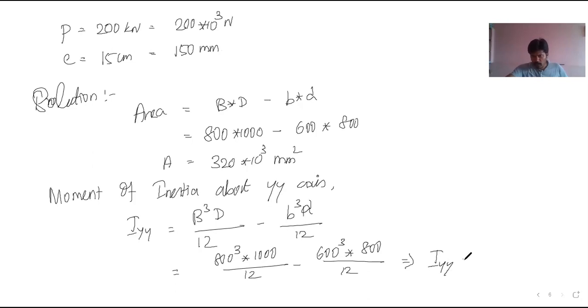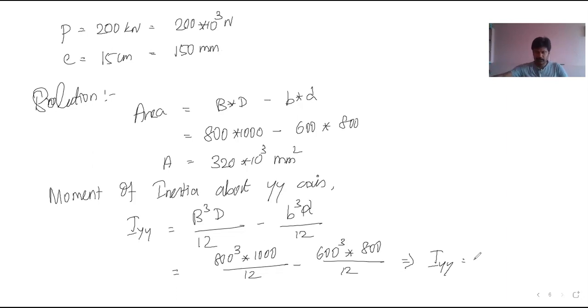Therefore, Iyy becomes 800 cube into 1000 divided by 12 minus 600 cube into 800 divided by 12.